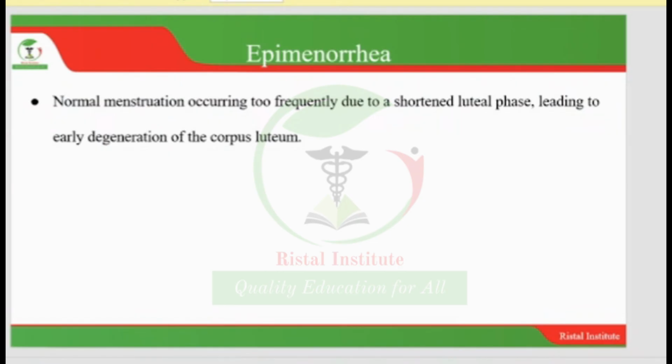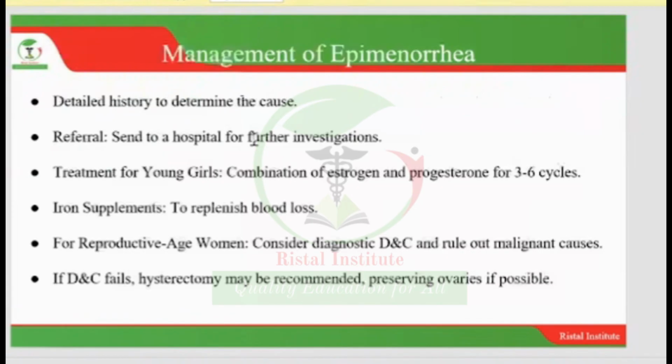So this, instead of the corpus luteum degeneration being prolonged, here it is being shortened. So it takes fewer days to degenerate. So when this happens, then it means that the cycle repeats itself so frequently, leading to frequent menstruation of the woman.